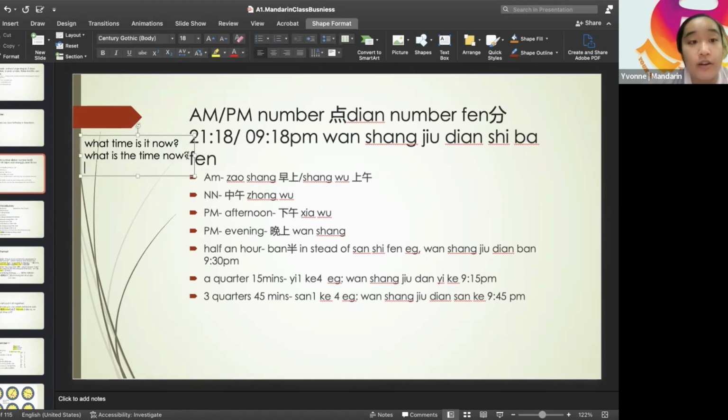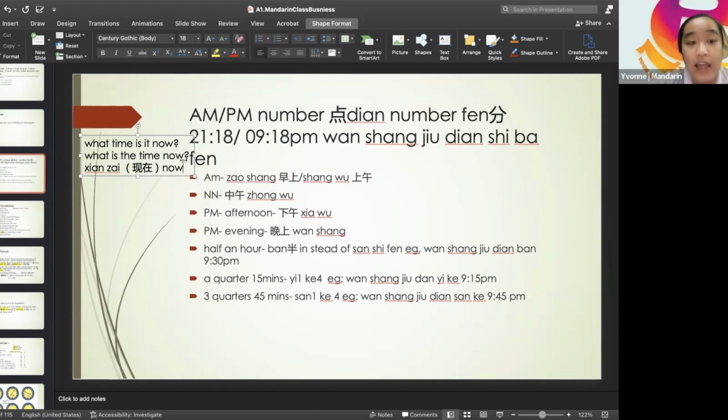So let's start with the word now. What is now in Mandarin? Now is 现在. This means now.